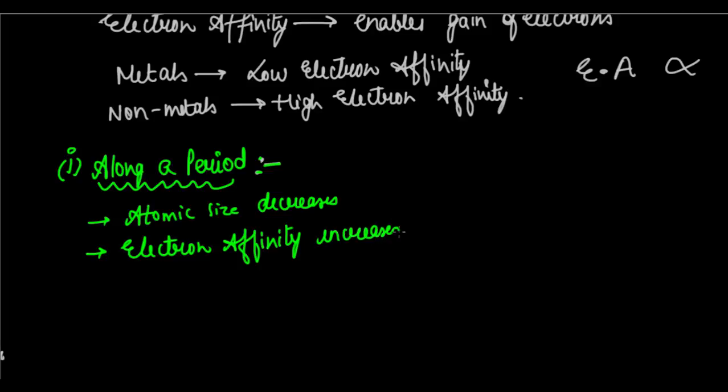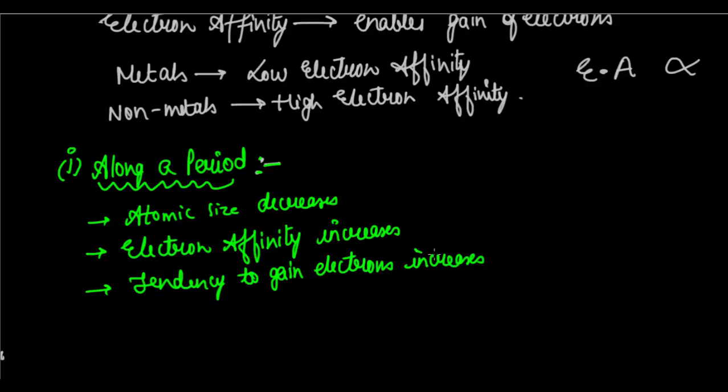So electron affinity increases. Then, your tendency to gain electrons increases, because electron affinity basically ensures that the gain of electrons is smooth.